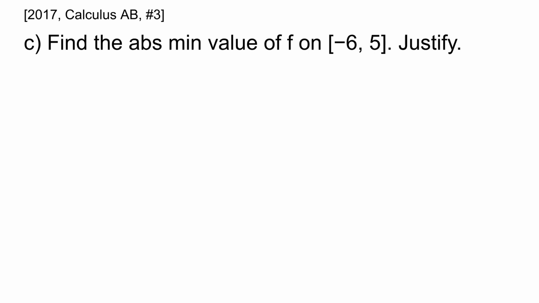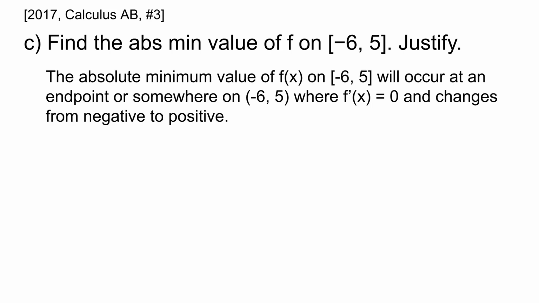In part C of the question, we are asked to find the absolute minimum value of f on the closed interval from -6 to 5 and to provide justification for our answer. The absolute minimum value of the function f of x on the closed interval from -6 to 5 will occur at an endpoint or somewhere on the open interval from -6 to 5 where f prime of x is equal to 0 and changes from negative to positive.